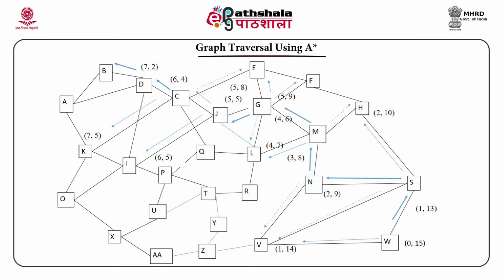When you explore J, there are two children, one is I, other is C. Both I and C have G values of 6, but the estimation is a little different. The estimation from I is 6, while J is 5 and C is 4.